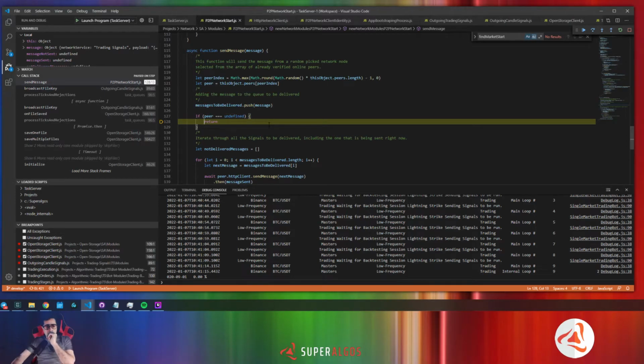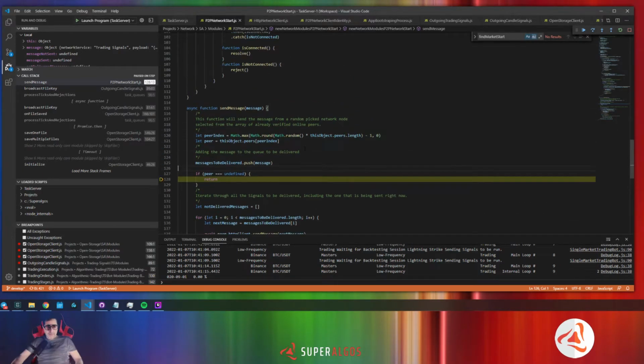If peer is undefined, okay, this is the problem that is causing the signals never to reach. Peer should not be undefined.